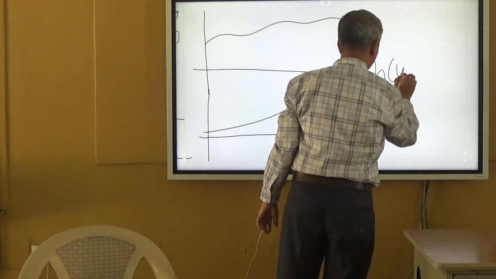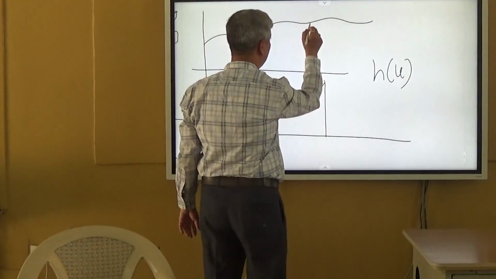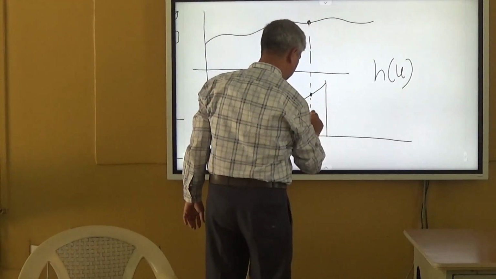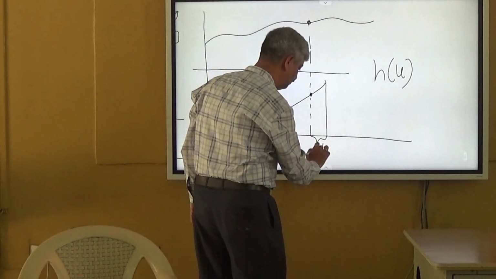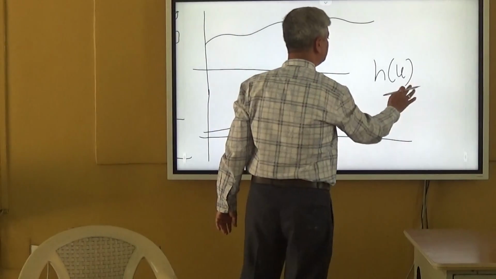h of u. So what if I do it at a particular point? What is u? I am u away from the current T. This is u. H of u.